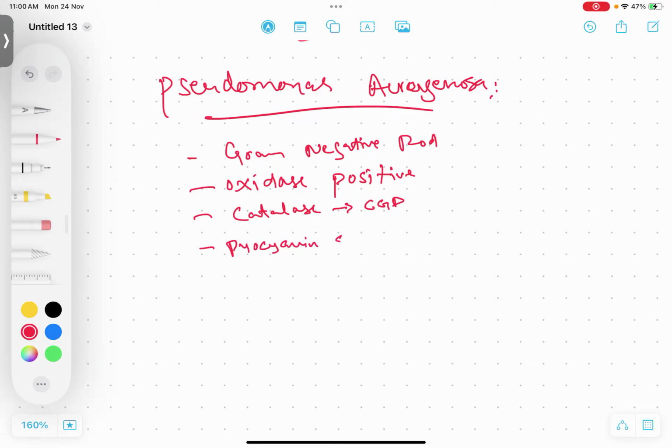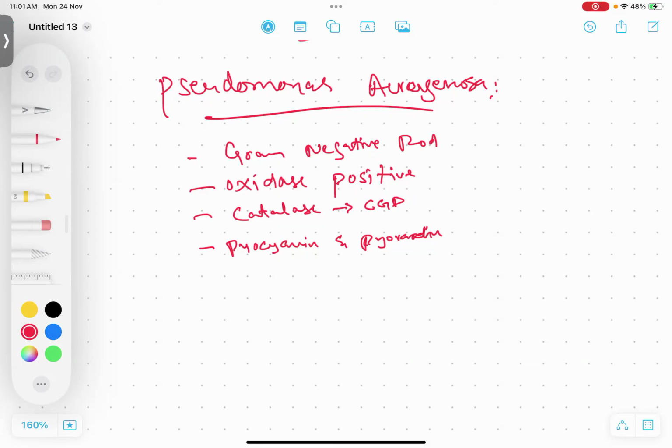These pigments impart a blue-green color to the colonies. Pyocyanin gives the green color, and pyoverdine, under immunofluorescence, you can see a green-yellow color. Okay.